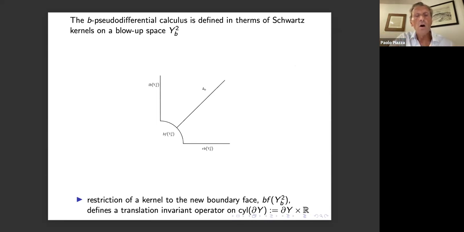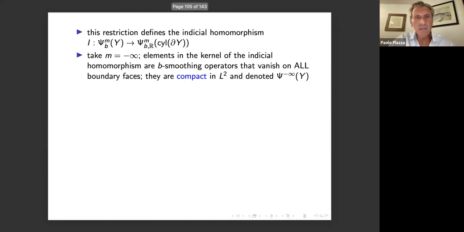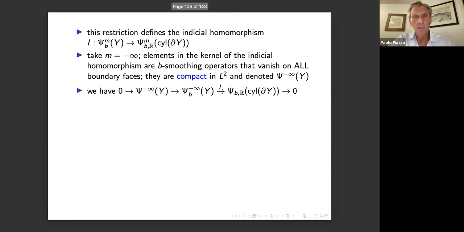So they are zero on all the boundary faces of this manifold with corners. And that means that these operators are compact in L2 because they are zero at infinity. Okay. And so the kernel of the indicial homomorphism is denoted that way because it's really like smoothing operators on a closed manifold. In fact, you have a short exact sequence of algebras.